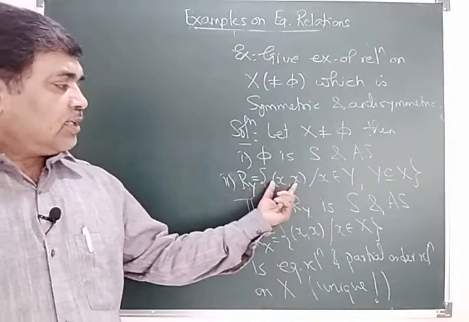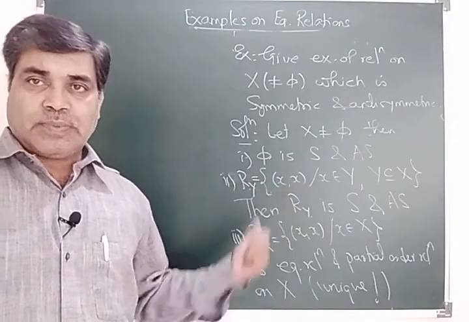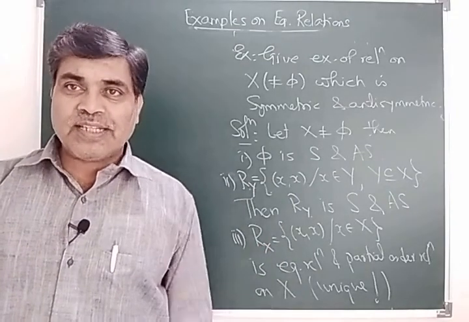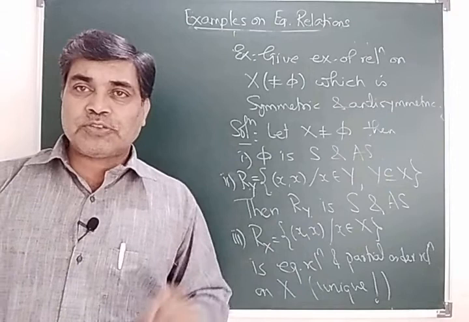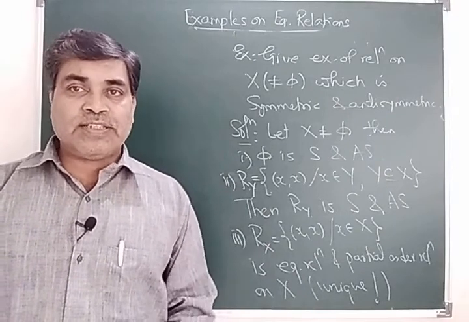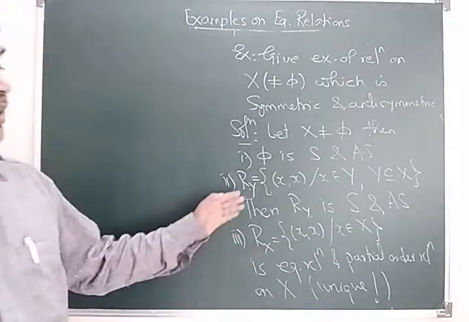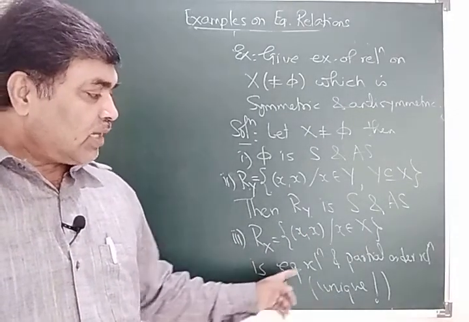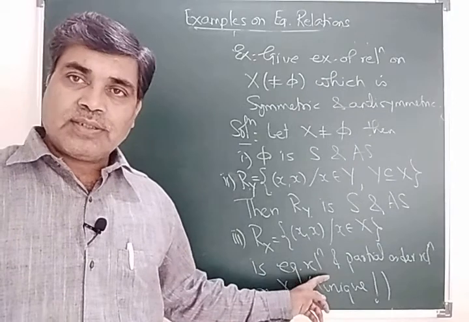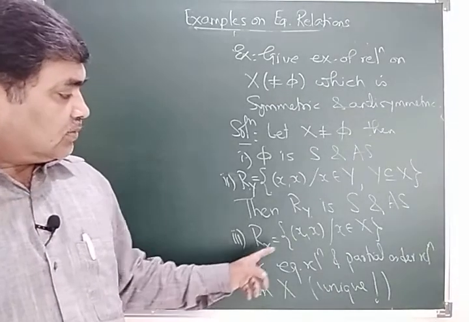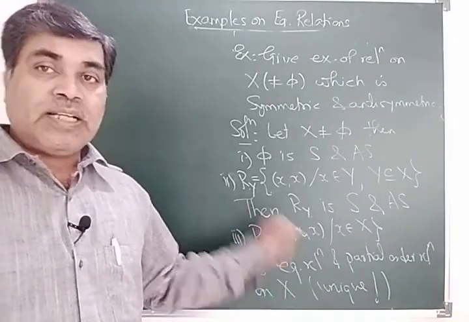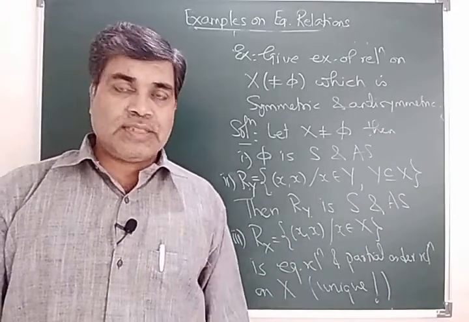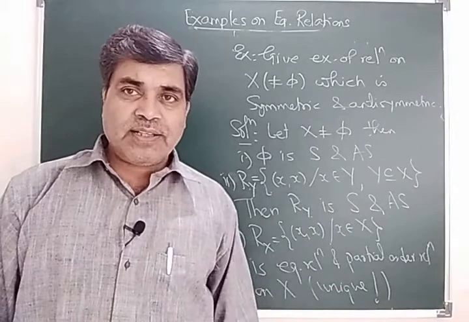So, if I take only the (x, x) pairs, which I can call the equality relation, in which the first and second components are equal, then it is symmetric, antisymmetric. But for an equivalence relation, I want it to be reflexive, and due to reflexivity, all (x, x) pairs must be there.